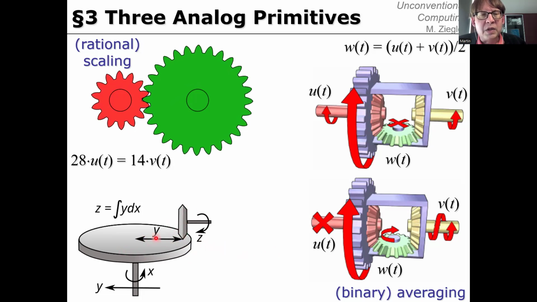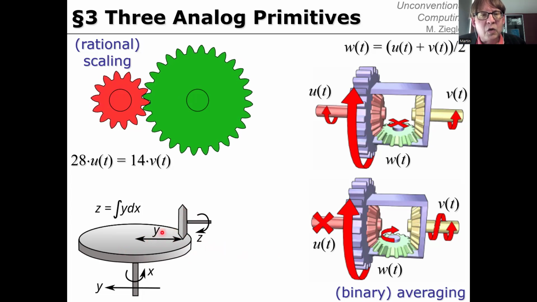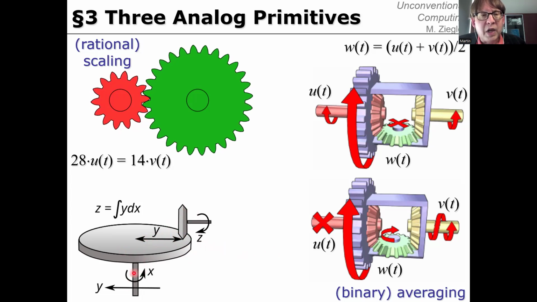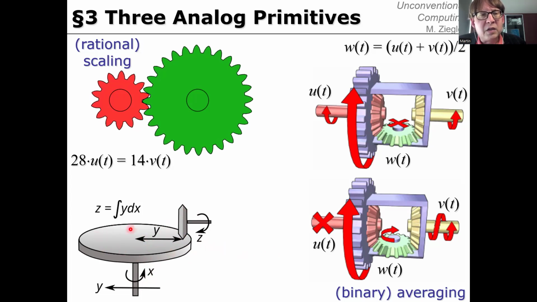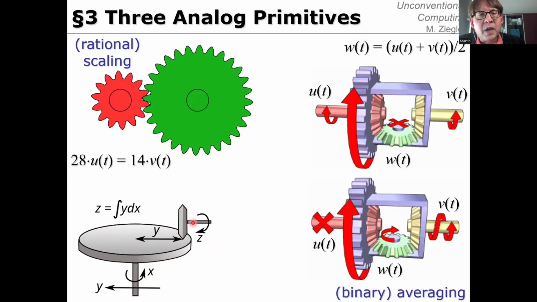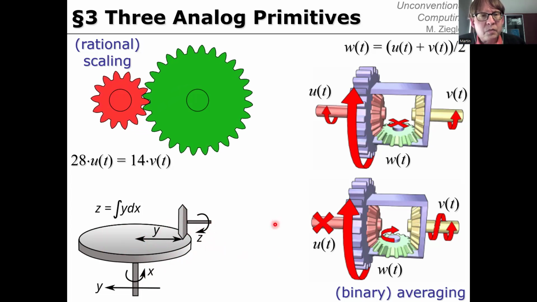So this is kind of a different acceleration. Close to the center, it rotates slowly, but it depends on the rotation of this disk, right? So if this disk S rotates faster, and if Y is larger, then the output rod Z rotates faster.